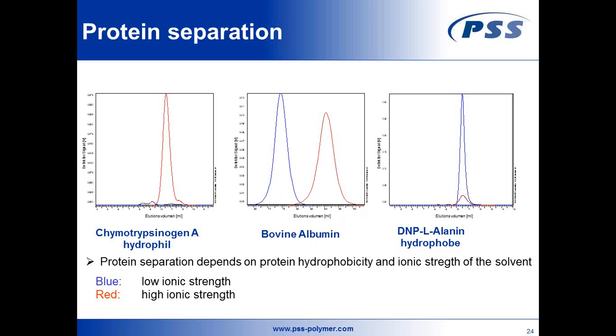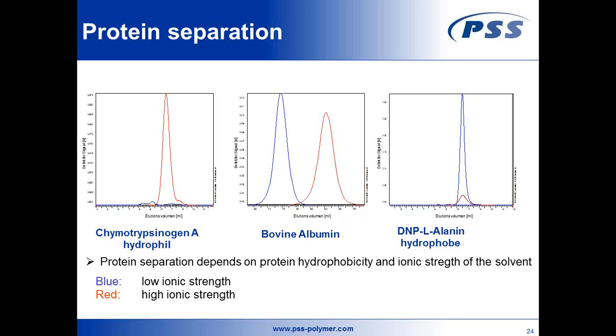The only difference is that the elution volume changes a little as a function of the ionic strength. This is because the globular structure, and so the hydrodynamic volume, will be influenced by the amount of salt added to your system, so the same protein can elute a little bit earlier or a little bit later, depending on the ionic strength of your system.